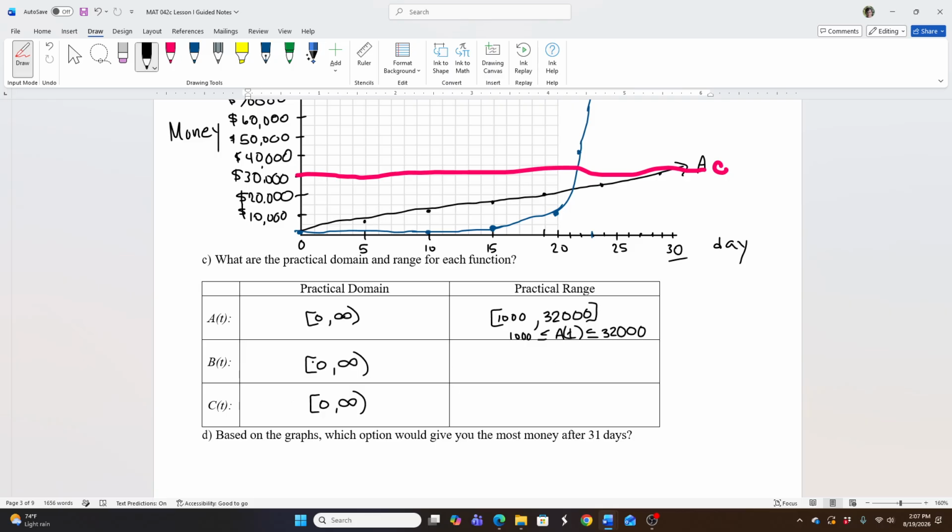Now, if we look at B, you started at 1 cent, so we'll do it. And this is my B function, so I'm going to call that B of t. But then it went up.